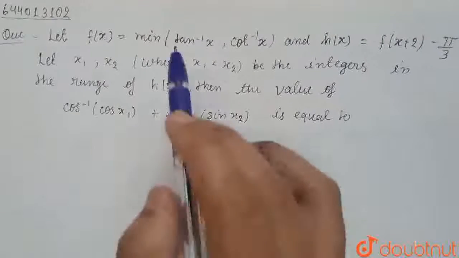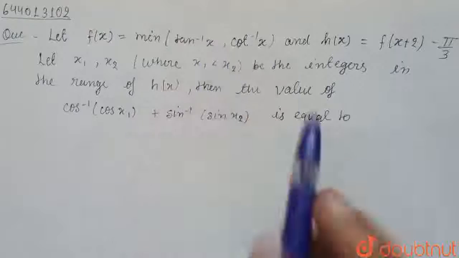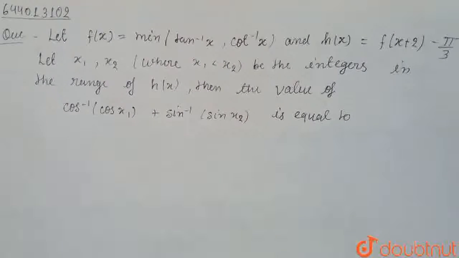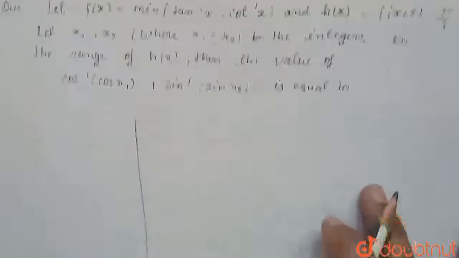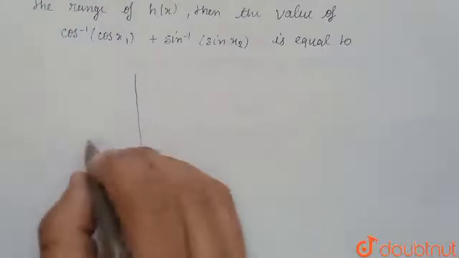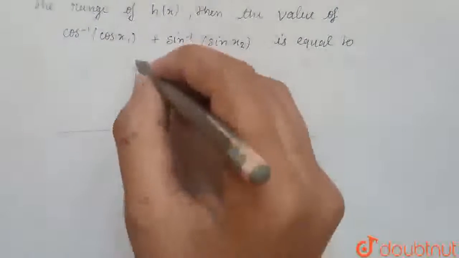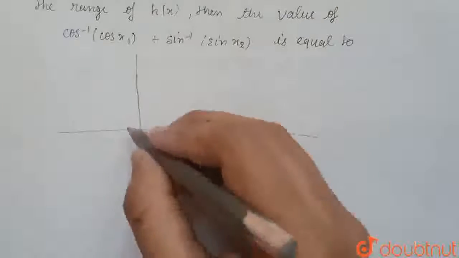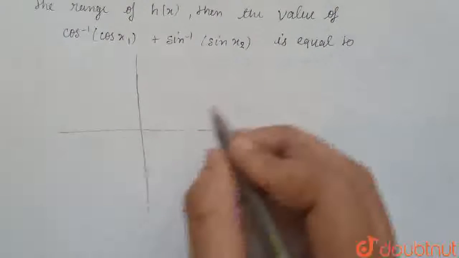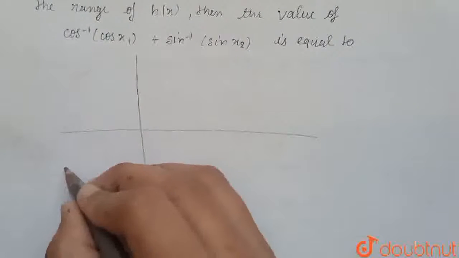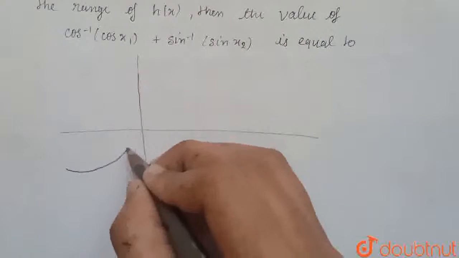So we have to first find the minimum of tan inverse x and cot inverse x. For this, let's draw the graph of tan inverse x and cot inverse x. So this is our x-axis, this is y. Now we know that the graph of tan inverse is like this.